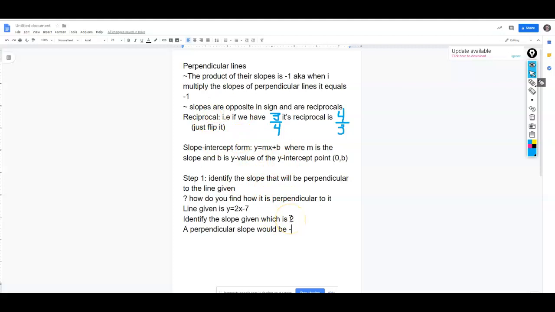This is 2. Correct. So it would be 1 over 2, as you just said. So a perpendicular slope would be -1/2.